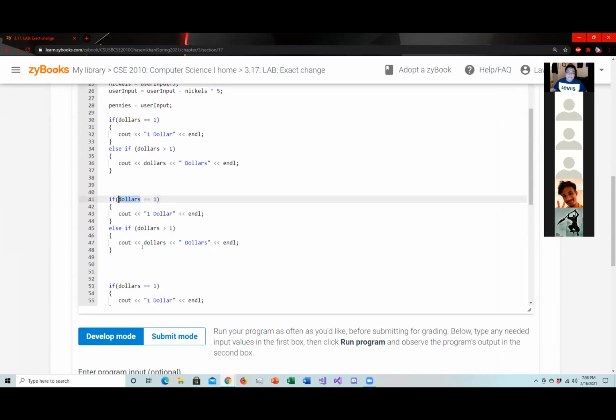So instead of dollars, the next one would be quarters, right? We would change this to quarter, except if quarters is greater than 1, we would say quarters. We put an S on the end of that, right? Yes, thanks for catching that.